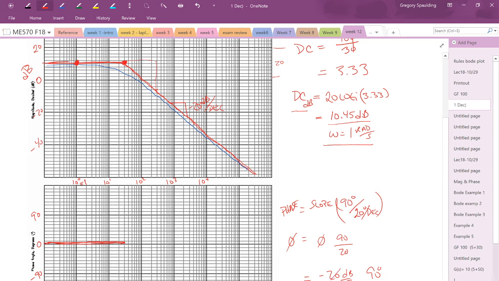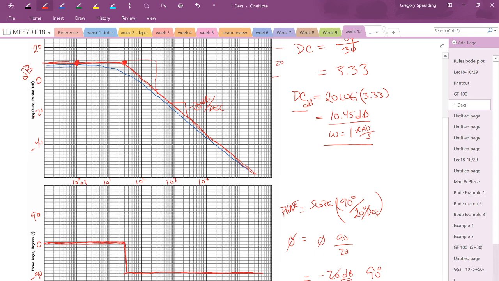And of course these cancel out, and what we end up with is minus 90. So that's going to be our phase through here. At 30, we're going to change, and we're going to have a minus 90 degrees. And so this is our asymptotic Bode phase plot.